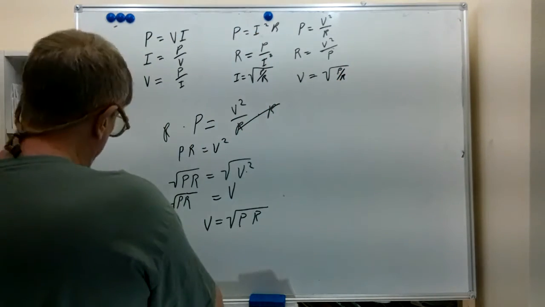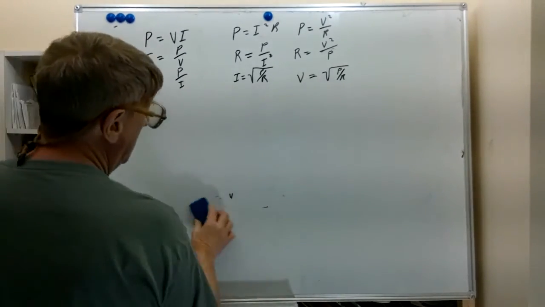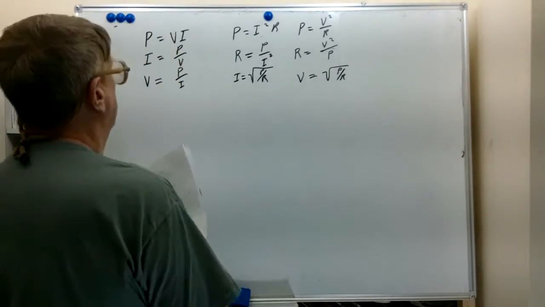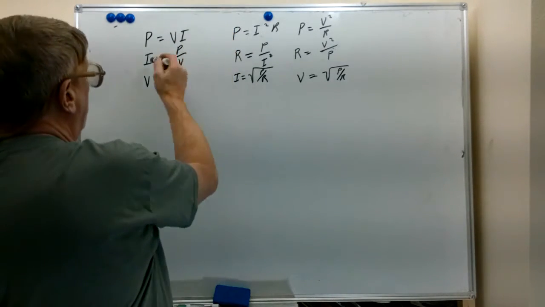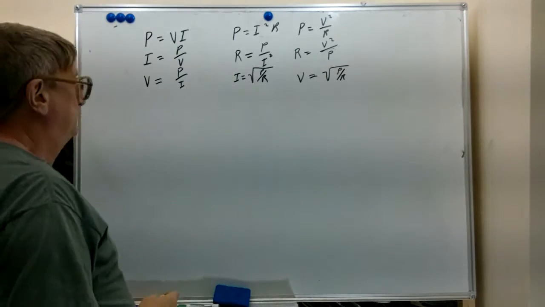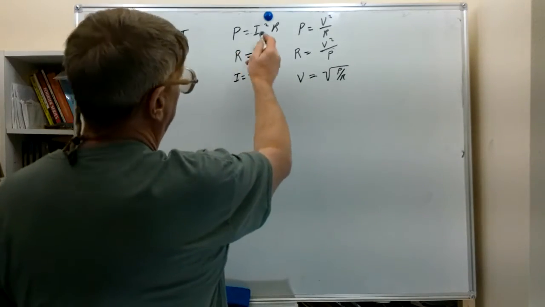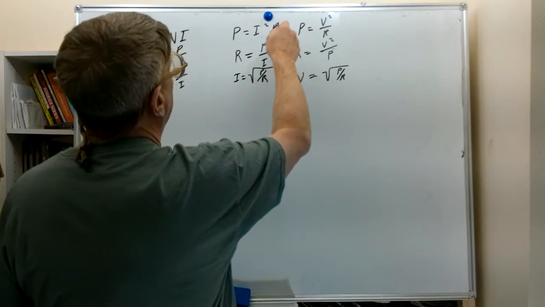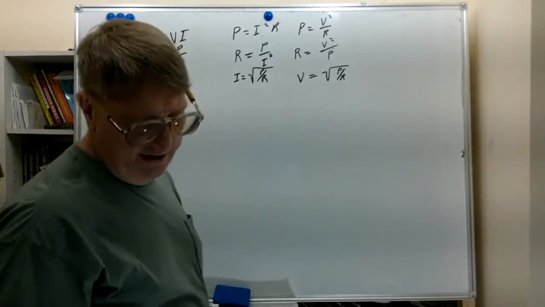So now we got a pretty full set of the power formulas. We started with the original one. Power was voltage times current. We solved it for current, we solved for voltage. Then we did the substitution, got this second power formula, and we solved it for resistance, and we solved it for current.